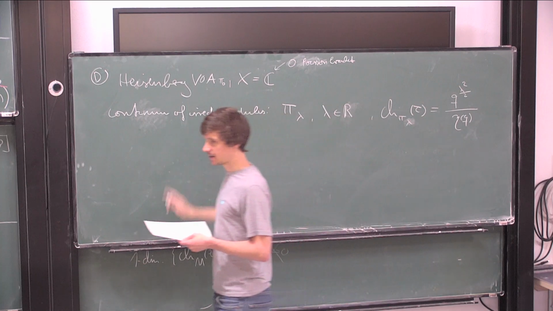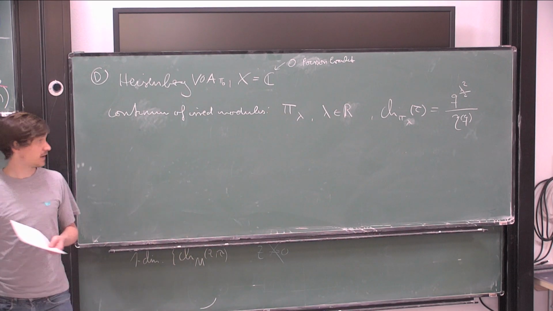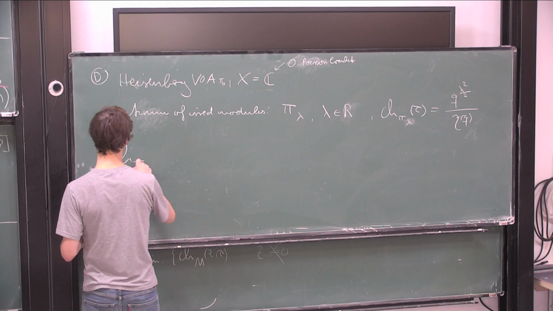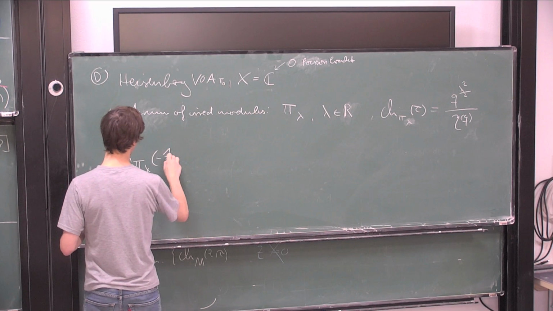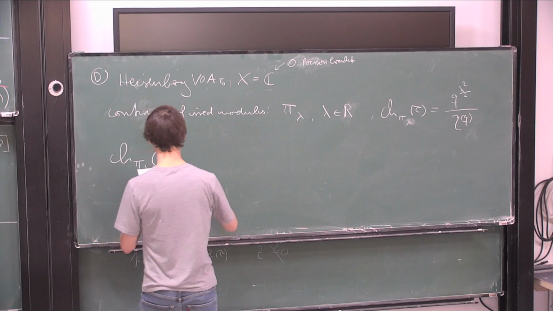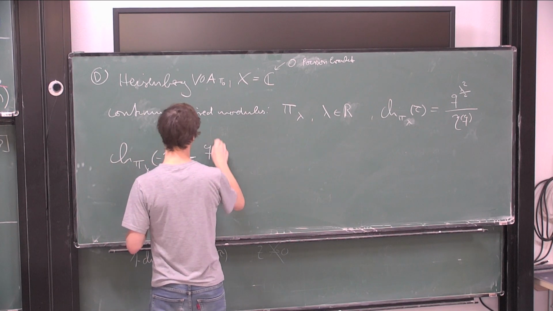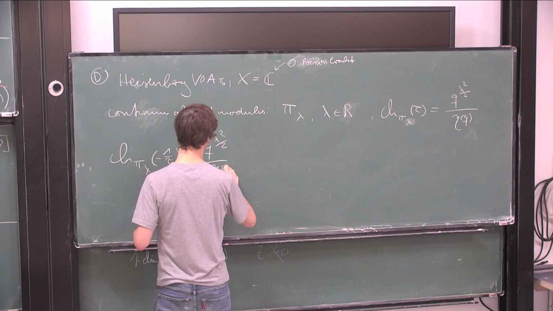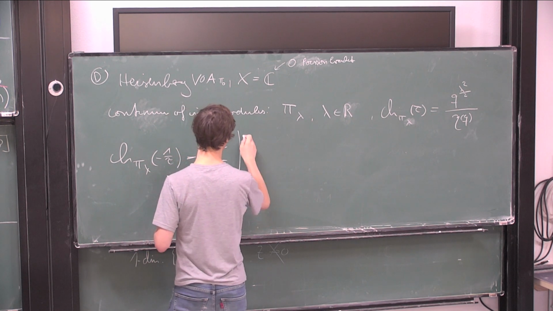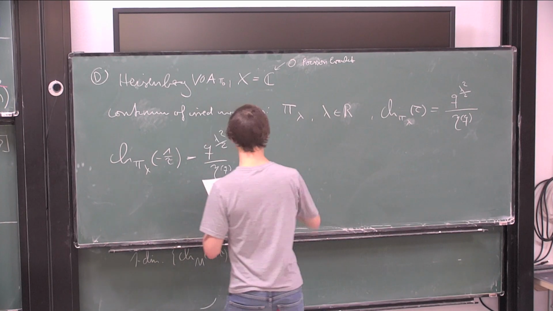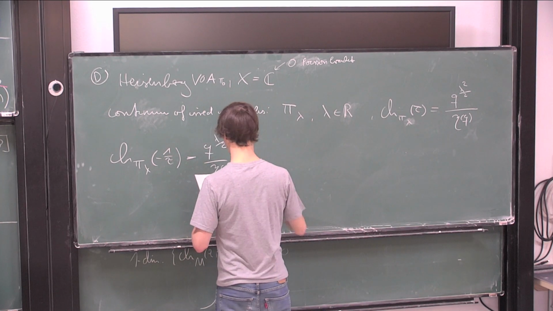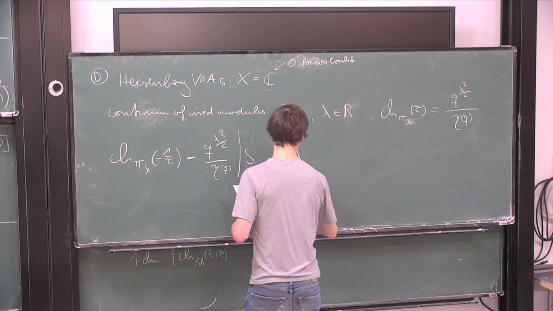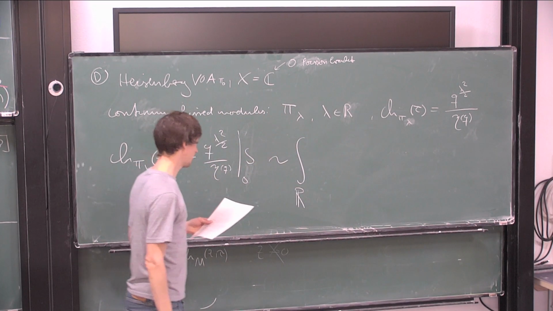But this still satisfies modularity in a continuum sense. Let me write down what you get. If you take the character of pi lambda at -1 over tau, which is q to the lambda squared halves over eta of q, and apply the S transformation of weight 0, then maybe up to some factor, you can write this as an integral over some S kernel.